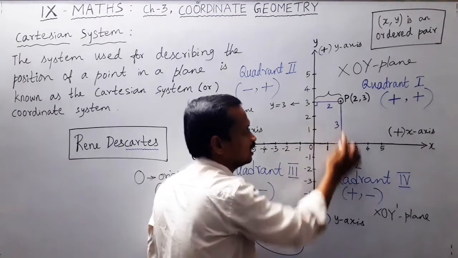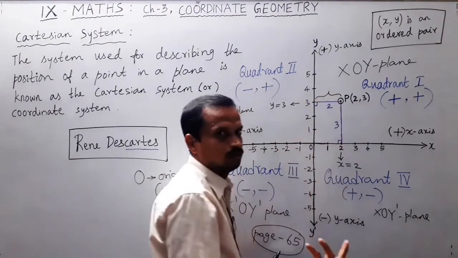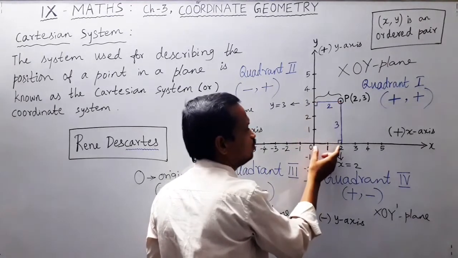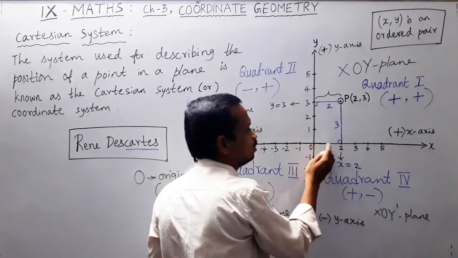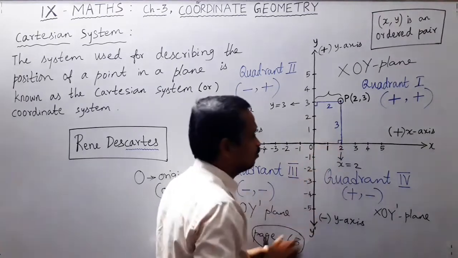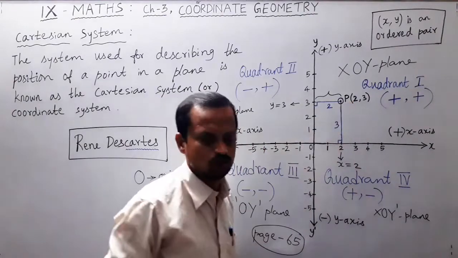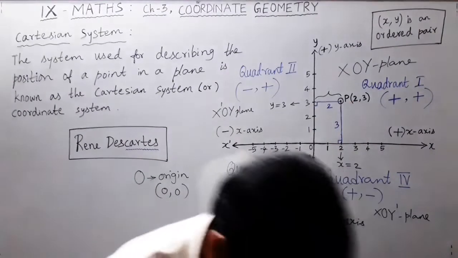It's nothing but a rectangle, where opposite sides are equal. So that's the concept. If you take the distance from the origin up to the value 2, that is the x-coordinate. You see, x is 2.